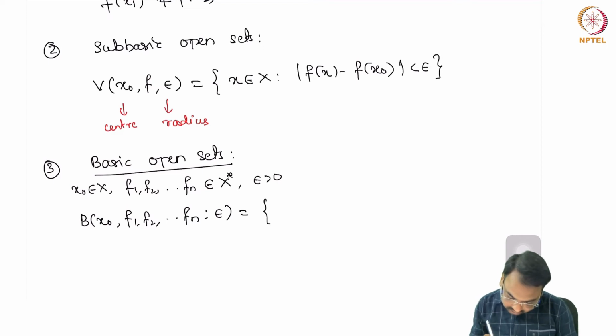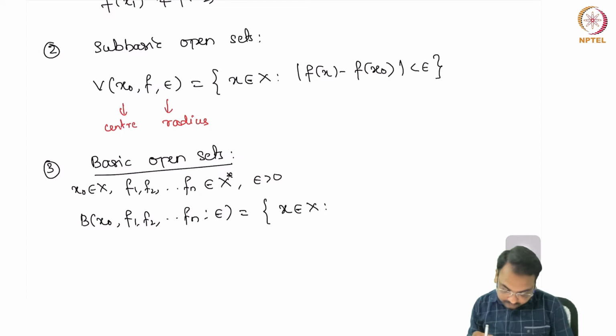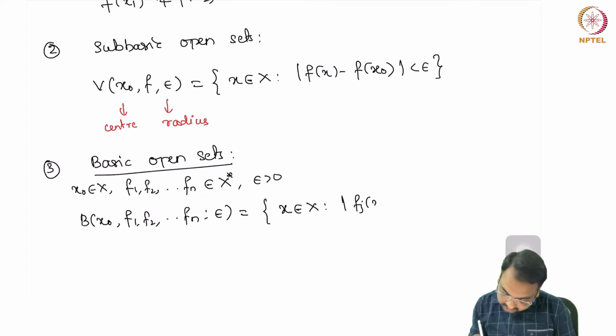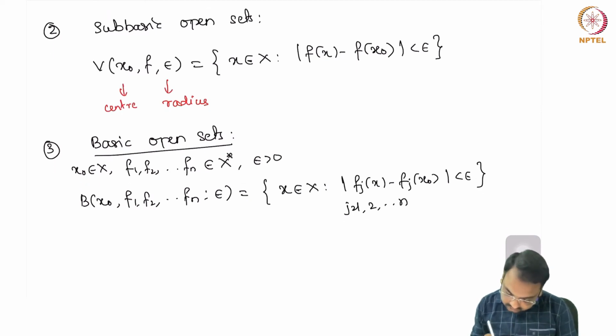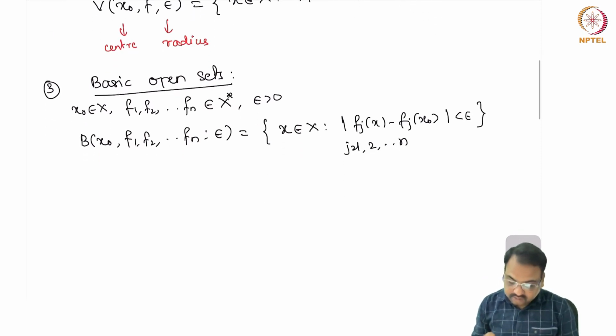So this is nothing but the set of all x in X such that mod fj of x minus fj of x naught is less than epsilon for j equal to 1 to n. And this is true for all possible choices of functionals, and epsilon bigger than 0.